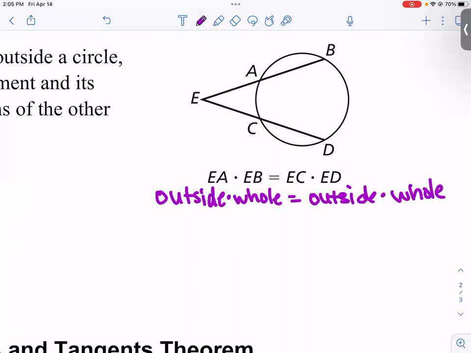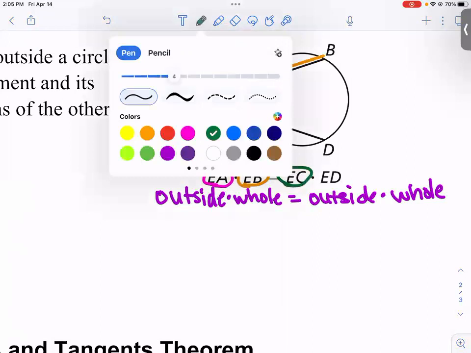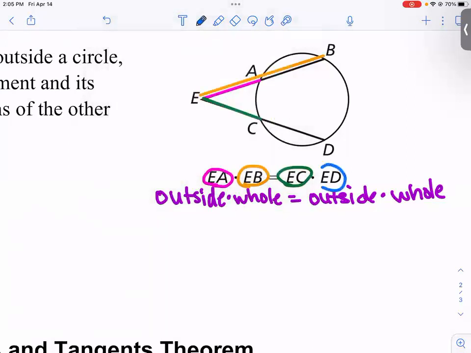We are going to take this outside segment EA and multiply it by the whole segment EB. And that's going to equal this outside segment EC times the whole segment ED. So I like to say outside times whole equals outside times whole.